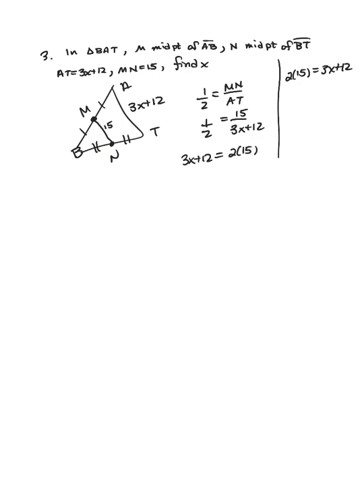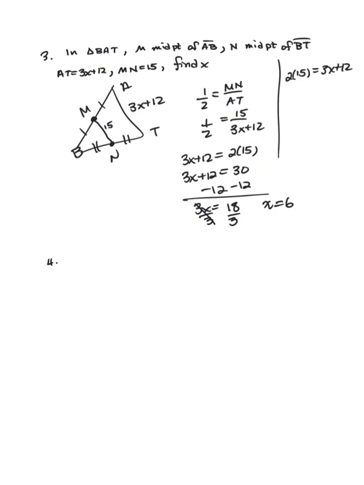So you see I end up with the same thing, whether I do a proportion or just use the fact that I have to double 15 to get 3x plus 12. And then I'm going to solve this. Minus 12. So that's 18. 3x is 18. Divide by 3. Did I find x? I found it. There you go. Okay.